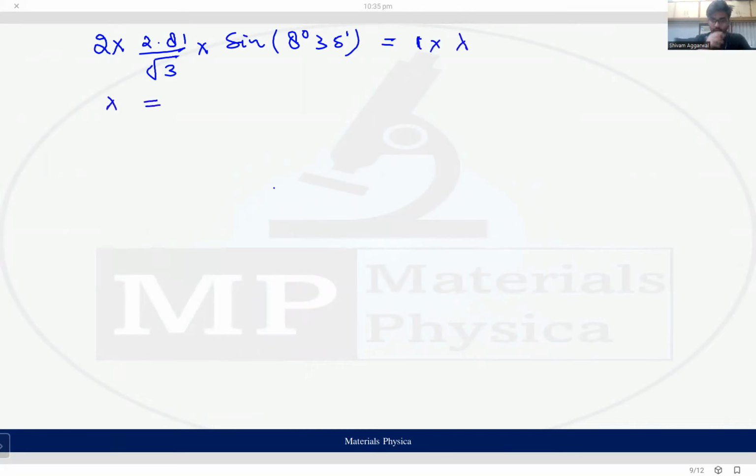So the value of lambda would be 0.484 as we solve this.